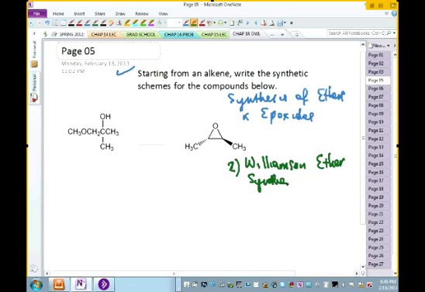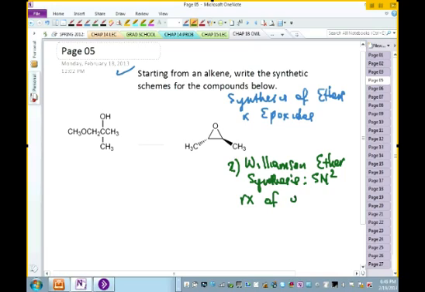Now for the Williamson ether synthesis, essentially it is an SN2 reaction.